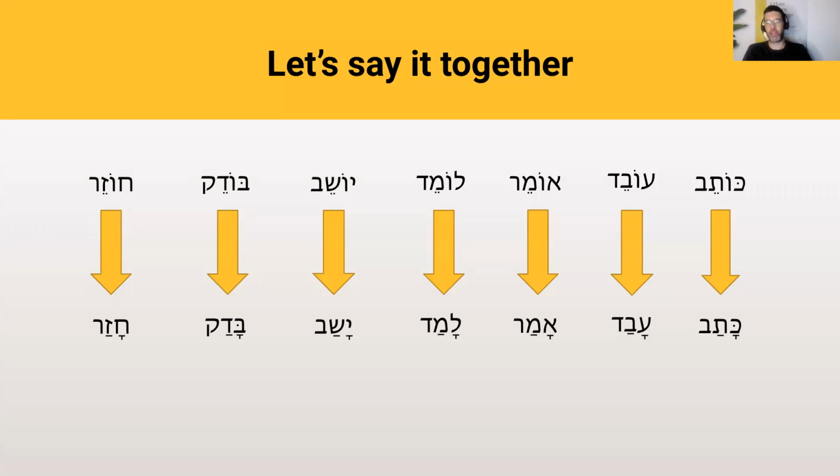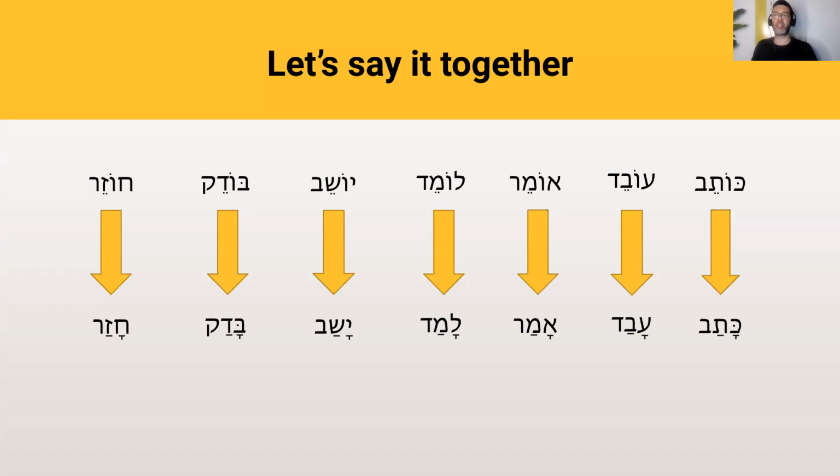And now let's do it in Hebrew, which means let's actually say it. Kotev becomes katav. Oved becomes avad. Are you saying it with me, guys? Nice. Omer becomes amar. Lomed becomes lamad. Yoshev, yashav. Bodek, badak. Choser, chazar. I can see that someone is asking me what is bodek. Bodek is checking. And I can also see that someone wrote the answer. Thank you, Rina, for giving us the answer.